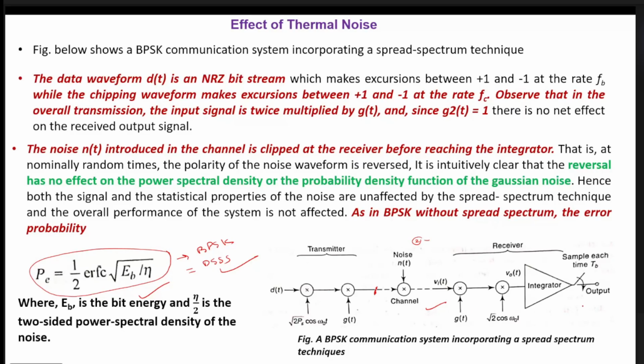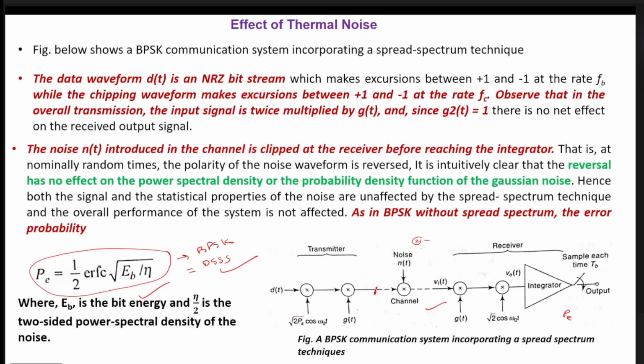In the case of white Gaussian noise, we know that the probability of error is given by this expression, which is the same as that of the BPSK signal. But in place of an additive white Gaussian noise, if you consider the noise as an interfering single tone sinusoidal signal, then what will be the probability of error? That is our aim to calculate in this particular topic.